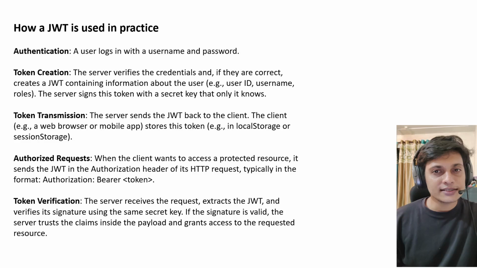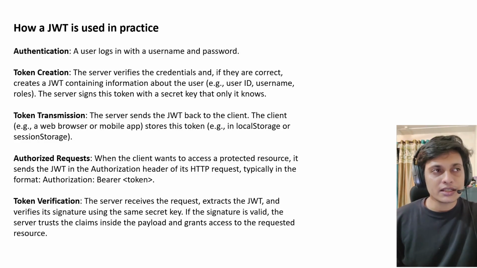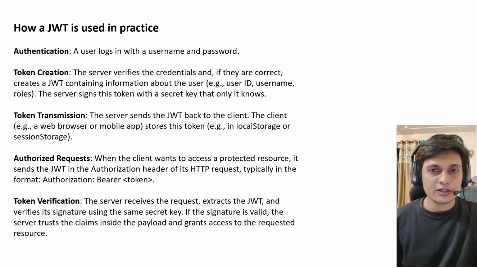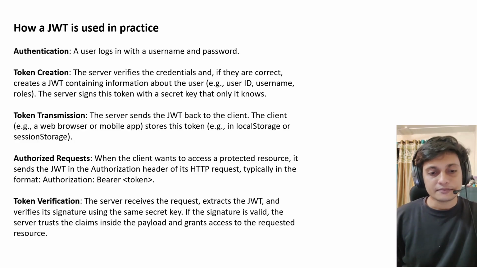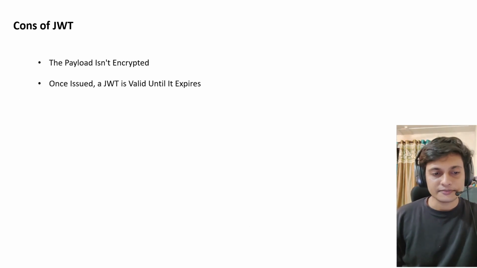This signature is something only known by the application. So when the application sees this signature, it will approve the request, and then it will provide the response. So in this way, when we integrate the JWT with your API, it does the complete cycle. So this is how a JWT is used in practice.